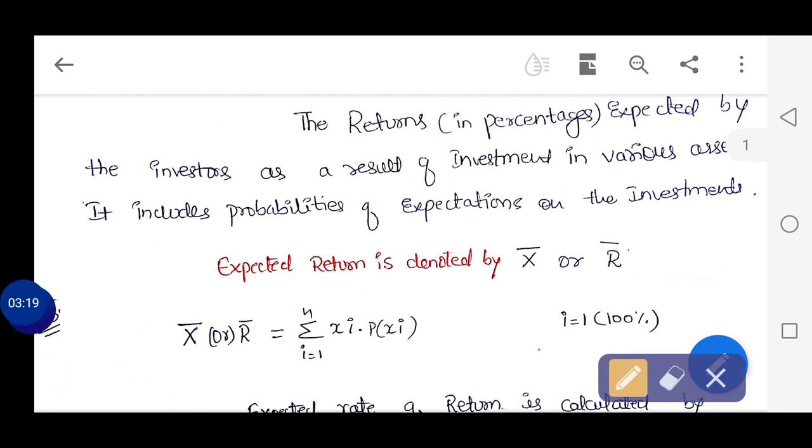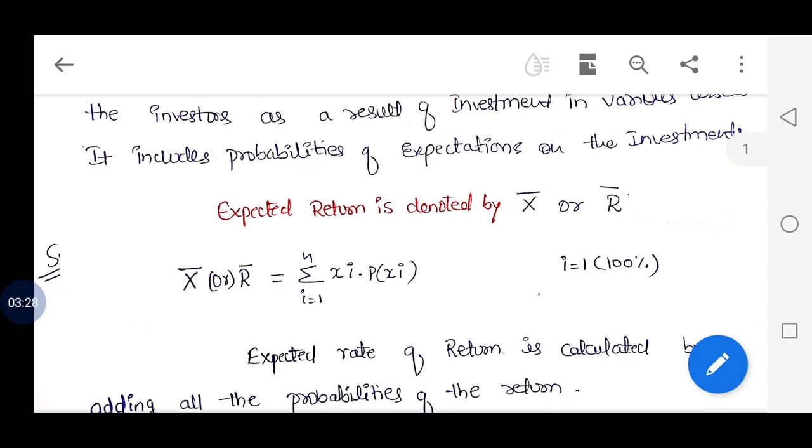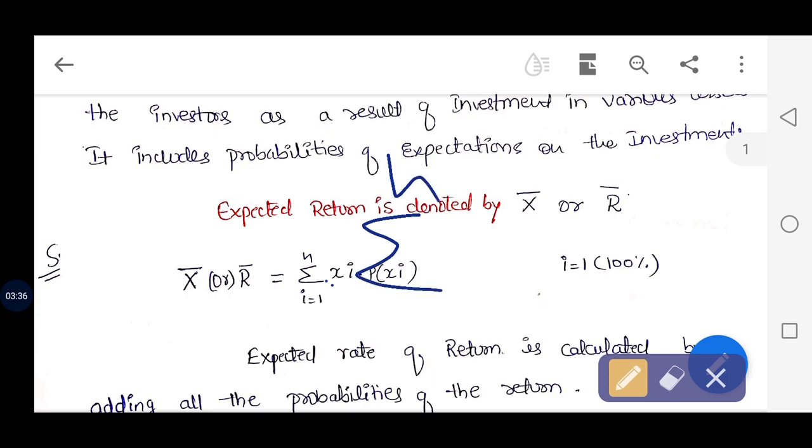Expected return is also denoted by X bar or R bar, where R means returns. So X bar equals sigma xi into pxi.